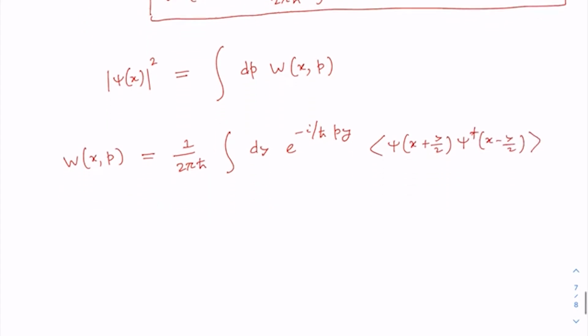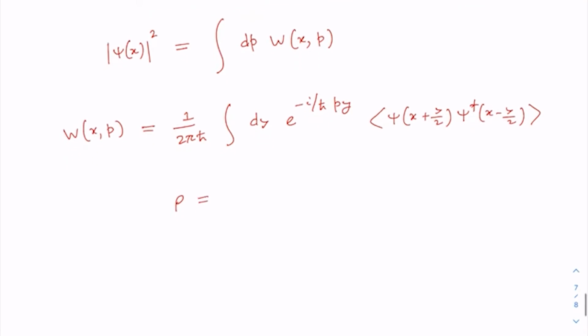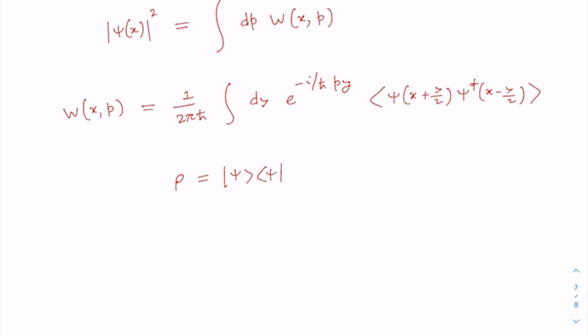And if you recall, this I can further simplify and write in a more familiar form. If you recall, we define our density matrix as ρ = Σ_k p_k |ψ_k⟩⟨ψ_k|, and if I write it in the position space, the density matrix as, say, ⟨x|ρ|x'⟩, I can write it in this representation.